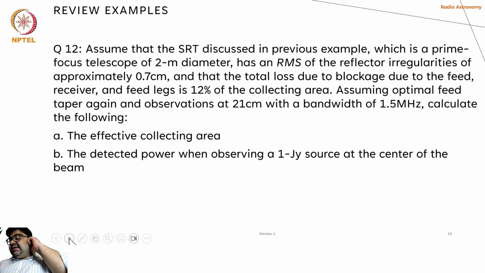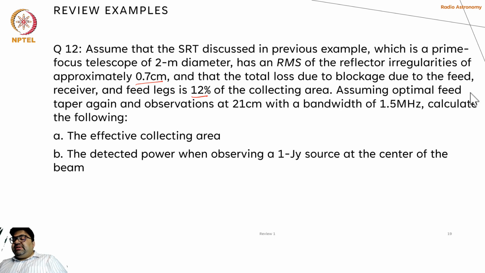Next question is, assume that the SRT, the small radio telescope which we discussed in the previous example, is a prime focus telescope of 2 meter diameter and has an RMS of the reflector irregularity of approximately 0.7 centimeter, and that the total loss due to the blockage by the feed and receiver feed legs is 12% of the collecting area.